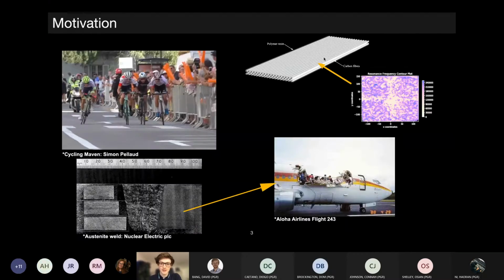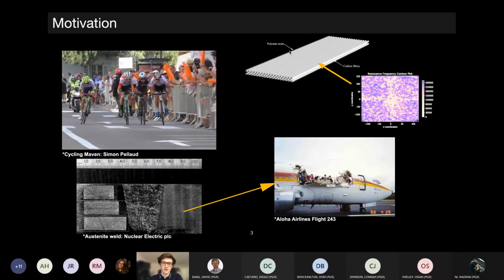So to begin with, if you think of a carbon fiber material, it's constructed of these fibers. We're interested in sending a mechanical wave into these types of materials to image inside and detect flaws.